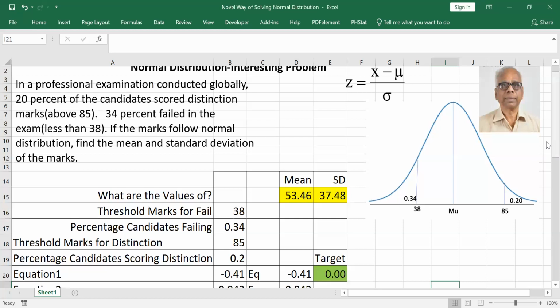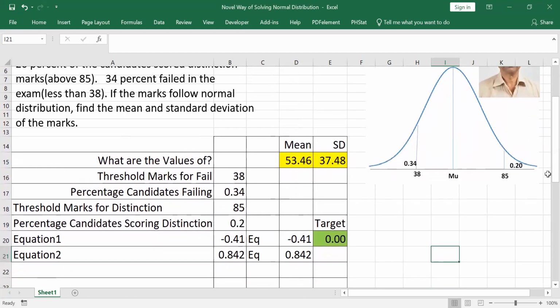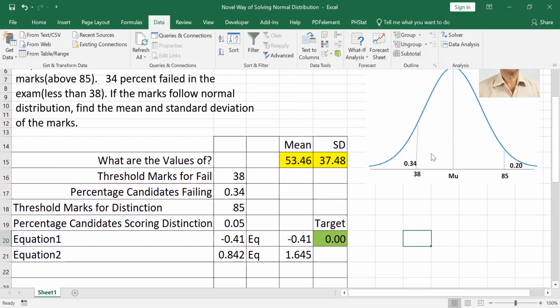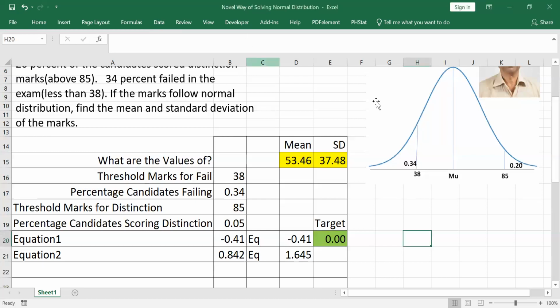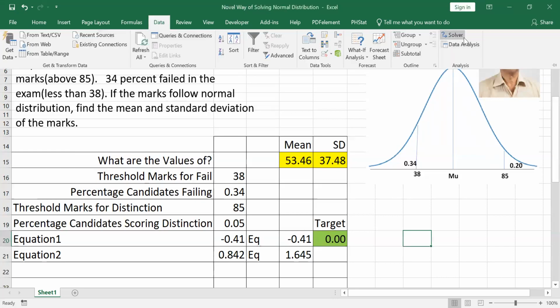Both are unknown. The advantage of doing this in solver is I can change the parameters and develop a marking scheme. For example, if you are very strict, you do not want to give distinction more than 5%. Let us say, what is the changed solution? 0.05 I put here, and then run solver again, data solver.